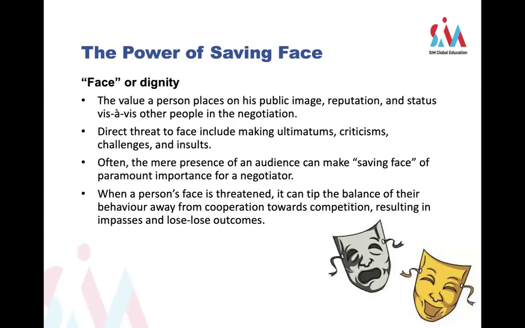Now, when you do that, the other person is going to change their cooperative behavior towards competition because you make them look bad. You make ultimatums, you criticize them, you challenge them, you insult them, you make them look bad and feel bad, and they are going to react competitively towards you, and this can result in an impasse. Impasse means no deal in a negotiation or even a lose-lose outcome.